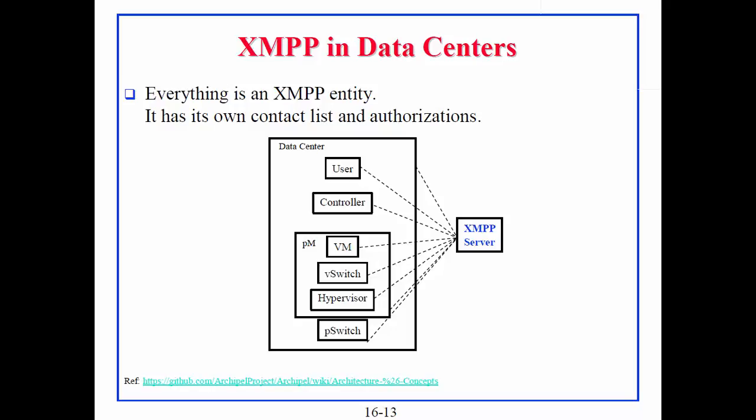So the way XMPP works in a data center is that everybody is an XMPP client, and they can all communicate to an XMPP server. The nice thing about XMPP, since it's used for chat, and in chat you basically can set up contact lists, so you have some sort of privacy.